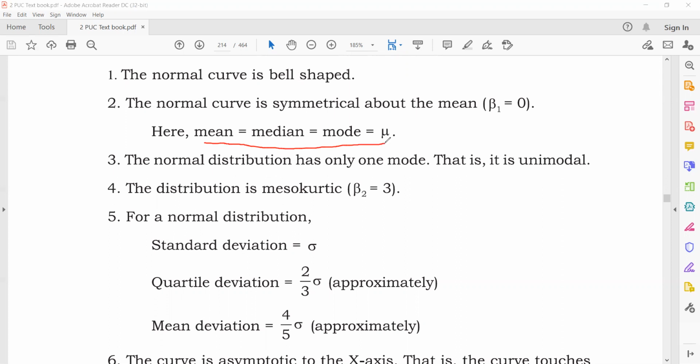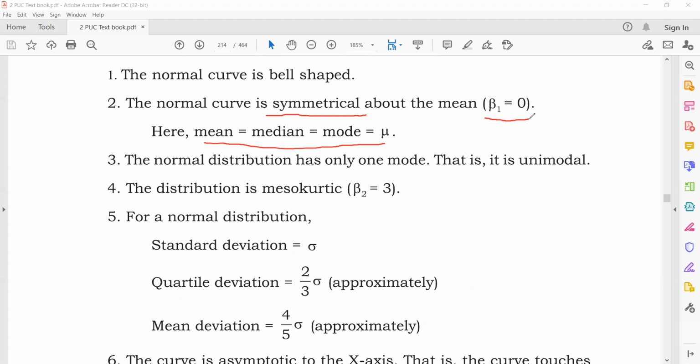And while discussing the concept of skewness and kurtosis, I said whenever you observe a distribution where mean equals median equals mode, that indicates that distribution is symmetric. A symmetric distribution indicates that there is no skewness.